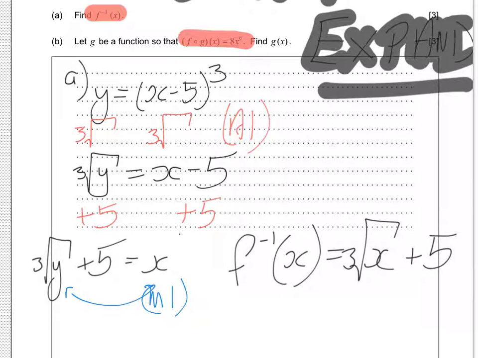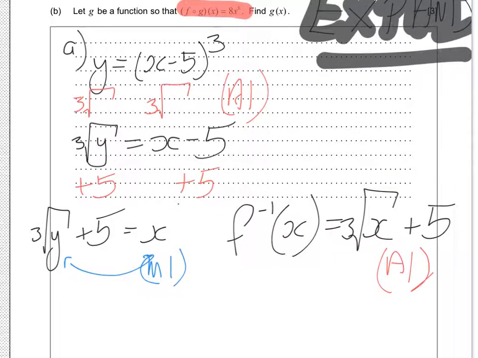If you swap the x and the y over, at the end or at the beginning, it doesn't matter when you do it, even if you've done everything else wrong, there's a method mark available and an accuracy mark available for getting the right final answer.